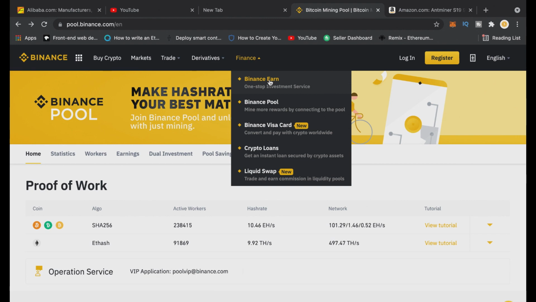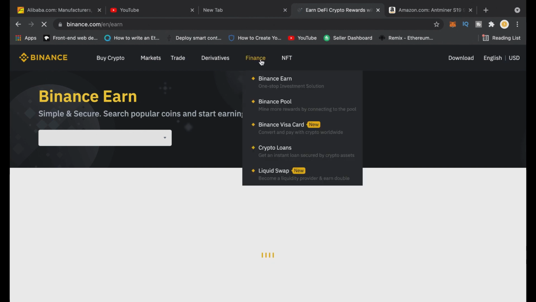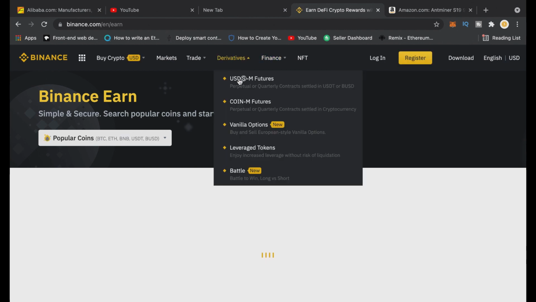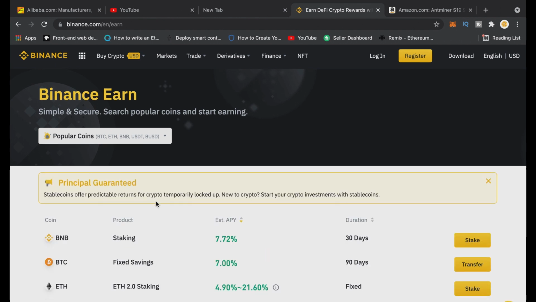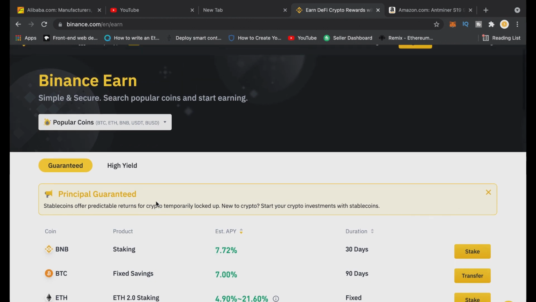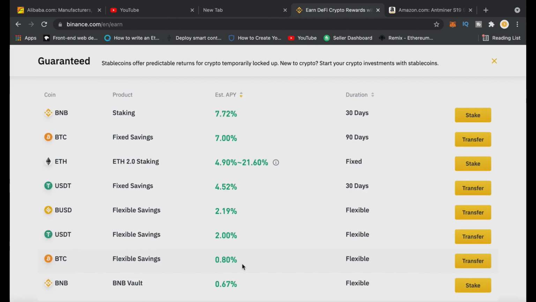So let's check this Binance Earn. Here's staking. Expand all.